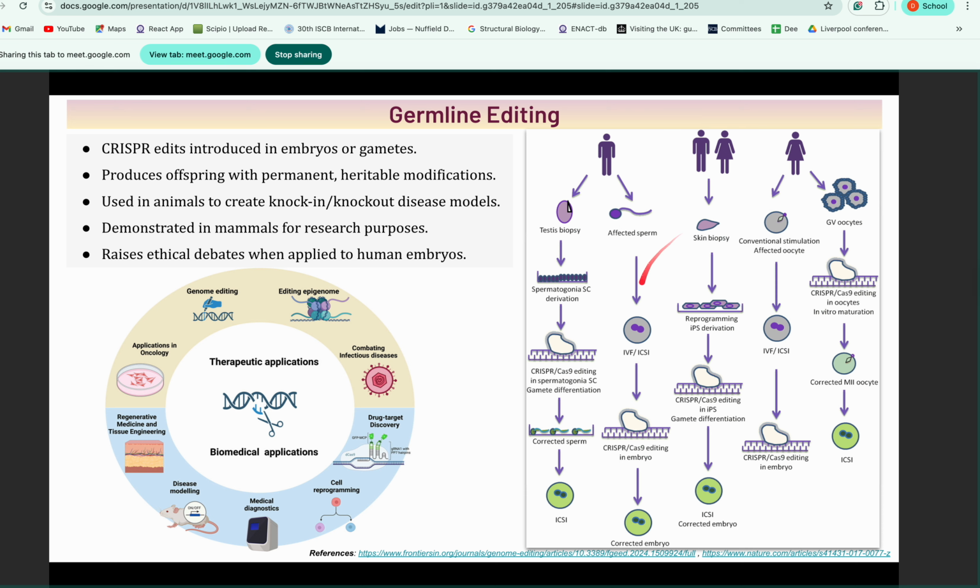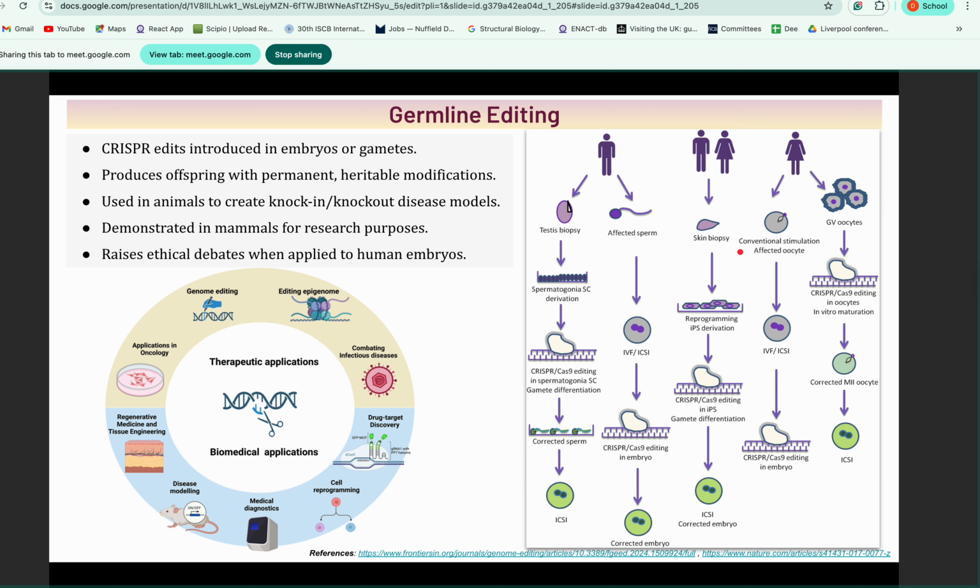Similarly, if the sperm is affected, then we can also perform in vitro fertilization and ICSI, and then CRISPR editing can be used in the embryos. So in the end, we will get the corrected embryos. So this shows how we can use CRISPR-Cas9 editing to treat the genes at the level of germline.